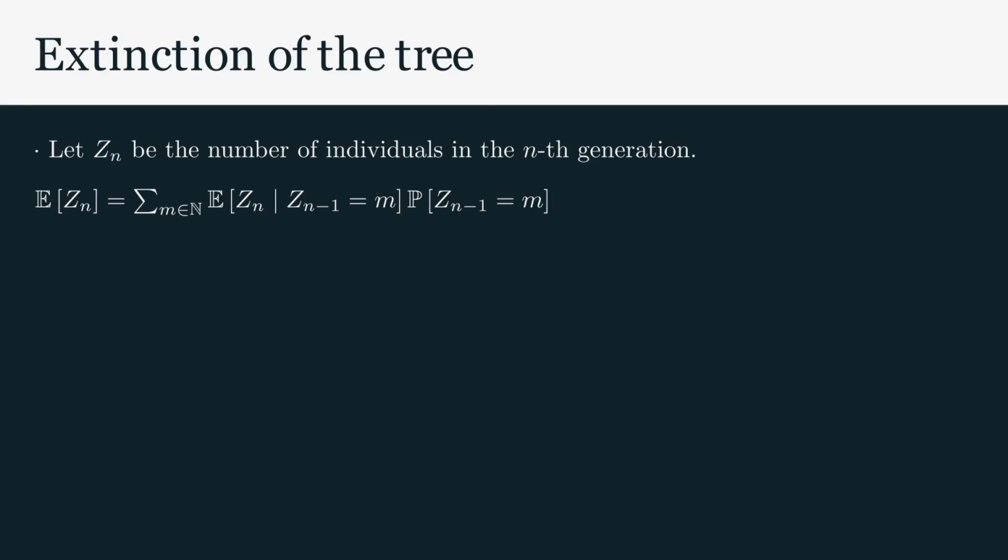If we do so, we now get a conditional expectation that's relatively easy to compute. If we know that in the previous generation there are m individuals, we know that each of them will generate new children according to X. So the total number of expected children after this step will be m times the expectation of X. Now we can recognize that we've once again got an expectation, which is m times the probability that Zn minus 1 is m, and then the sum over all of those, which if we take that out, we see that this expectation of Zn is equal to the expectation of X times the expectation of Zn minus 1.